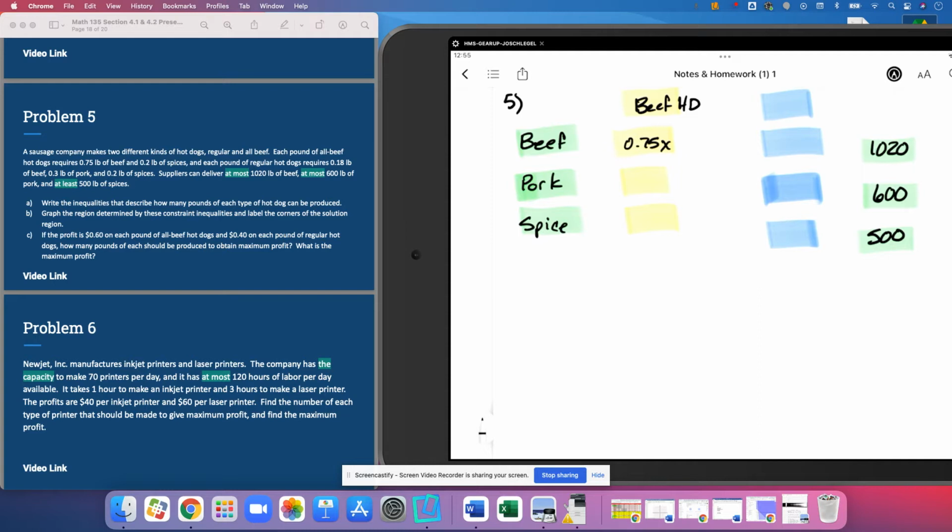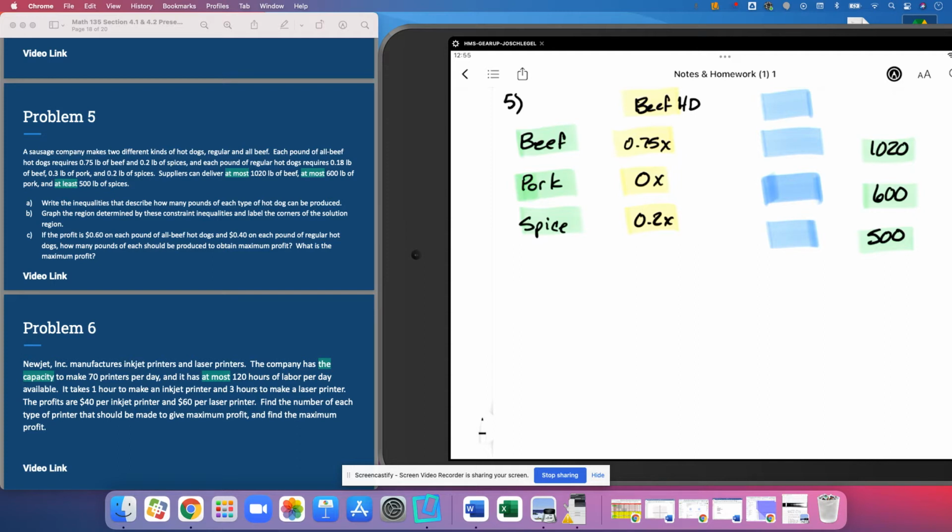Beef hot dogs is what we're talking about here. We need 0.75 pounds of beef to make those, plus 0.2 pounds of spices. We don't need any pork. And so I could leave that pork blank, or if it helps you, we can put a 0 in there because we don't need any pork for our all beef sausages, obviously.